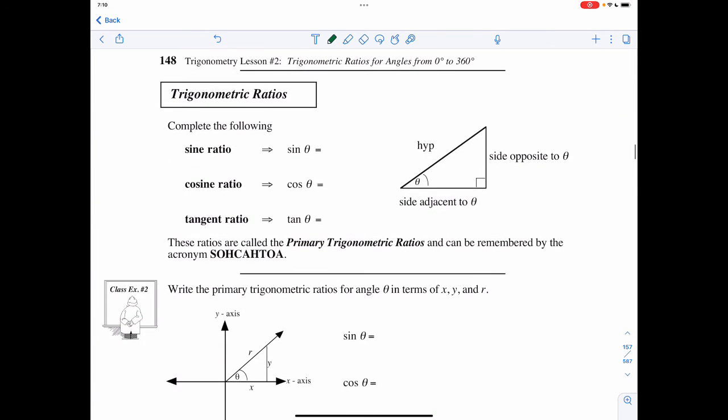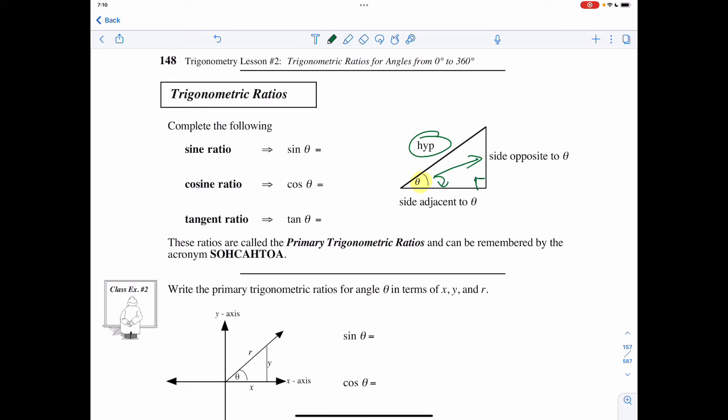How does this apply to our trig ratios? Well, we remember that our trig ratios are based on our angle that we're looking at inside of a right angle triangle, where I have my side opposite, I have my side adjacent to or beside, and then the longest side will always be my hypotenuse.